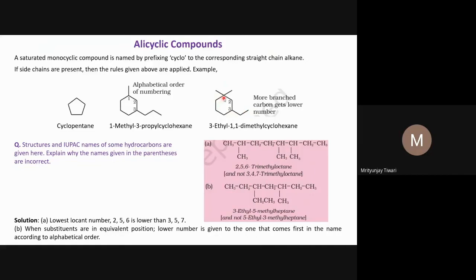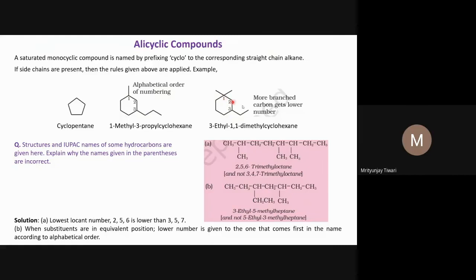So the rule we follow is that the branches should get the lowest possible numbers, and this comes in priority over alphabetical order. If the two branches are at the same positions, then we follow the alphabetical rule, as in the earlier case with only one branch at each position.